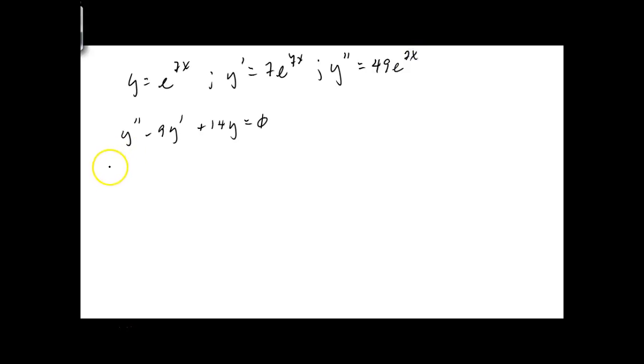Let's plug those in. 49e to the 7x minus 9 times y prime, which would be 63e to the 7x, plus 14e to the 7x, because the y is e to the 7x. Is that indeed equal to 0? Well, if you add 49 and 14, sure enough you get 63 minus 63. Yes, that is a solution.